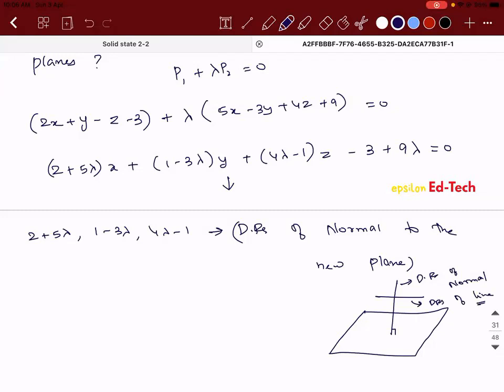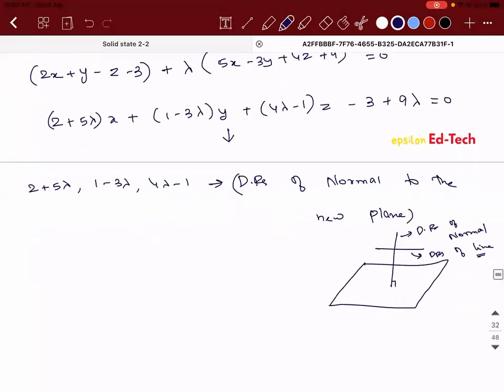When this is the scenario, what is the relation between the direction ratios of two perpendicular lines? Since line is perpendicular to the normal, what can I say?